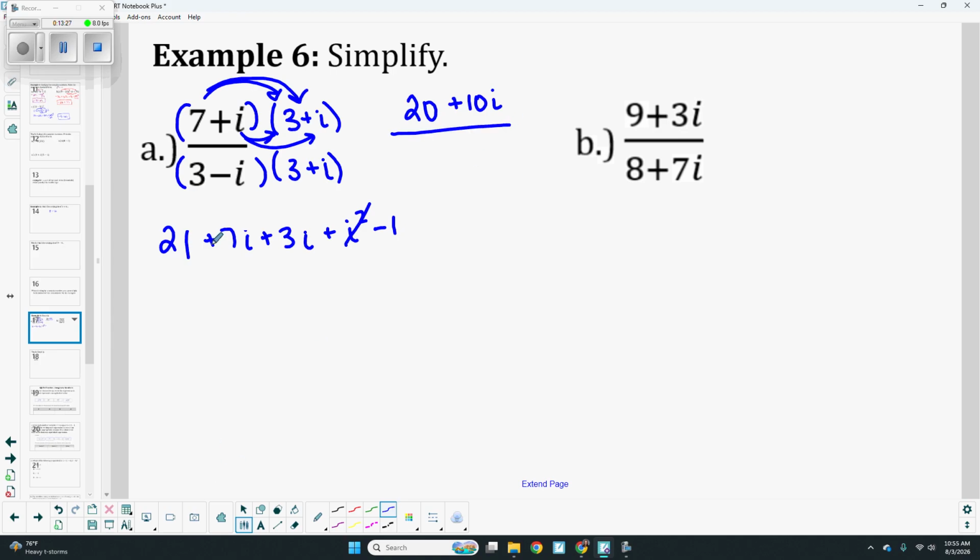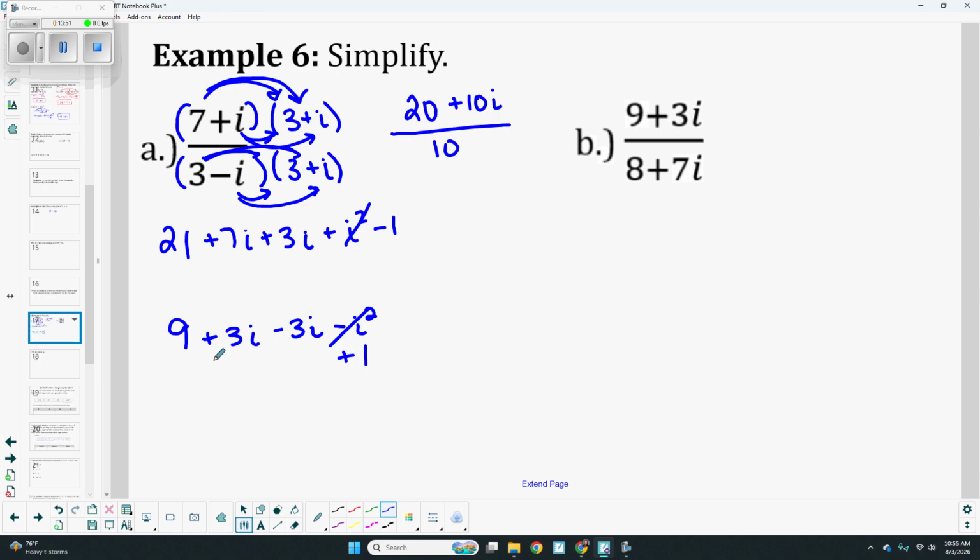So now the bottom. 3 times 3, 3 times i, −i times 3, −i times i. So 3 times 3 is 9, plus 3 times i, minus 3 times i, minus i times i, which is i squared. So this will turn into plus 1. So we have 9 plus 1 is 10.